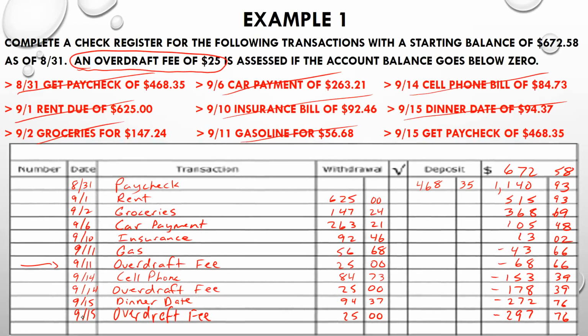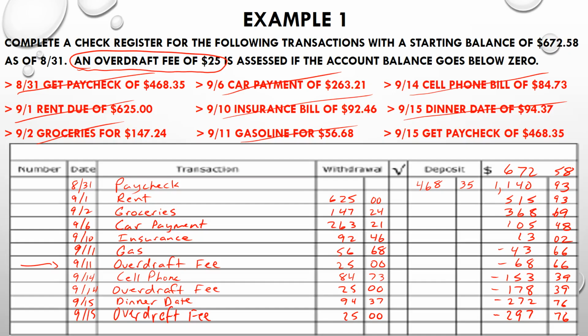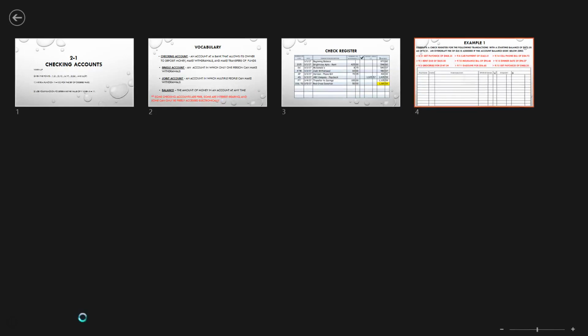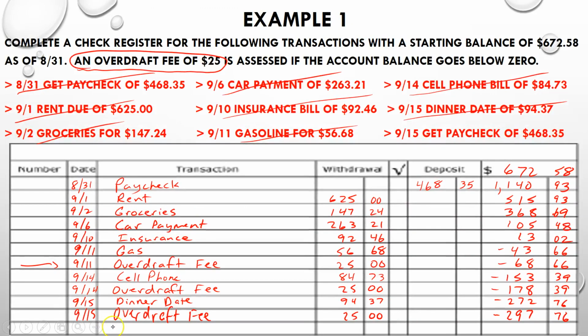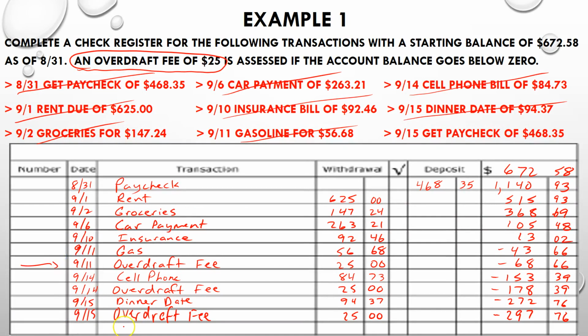Well, unfortunately, this is not letting me write on here. Let's see if I can get out of here. Technical difficulty. Hold on, folks. Alright, so rather than put the date there, let's see if I can write the date in here. So we have 9/15. It's not letting me write on that section for some reason.